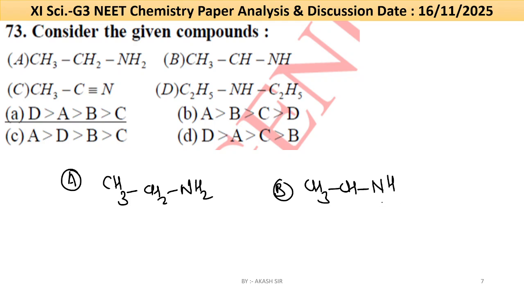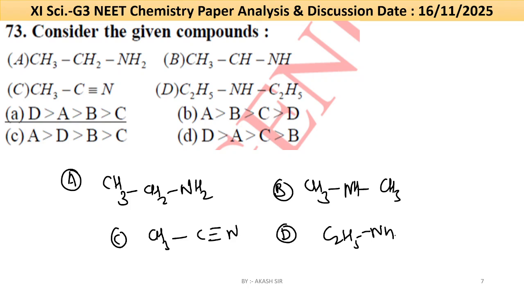This is incomplete; here there must be NH and here CH3, that is a secondary amine. Now C is CH3 single bond C triple bond N, and D is C2H5 NH C2H5, diethylamine.